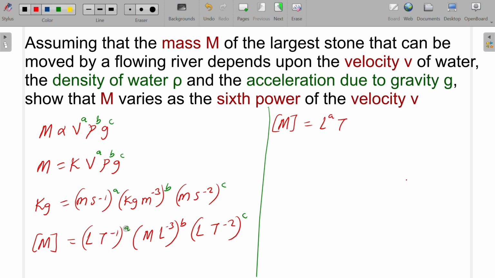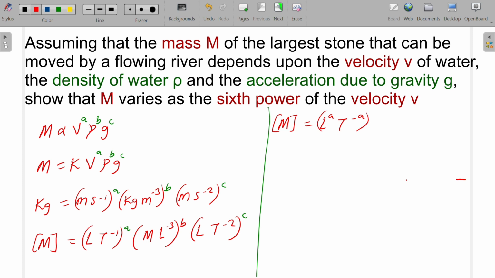Even T is given to the power of a. When a power is given to a power, those powers are going to multiply. So we multiply this power and that power to get the power for this T here. When we do that, we get a minus a, so T is given to the power of minus a.